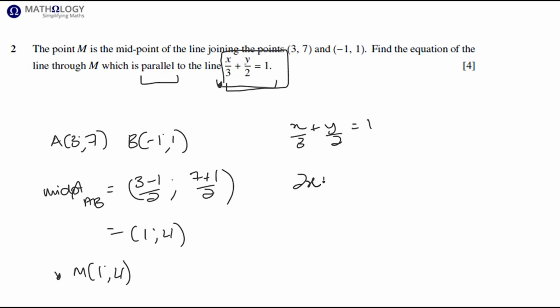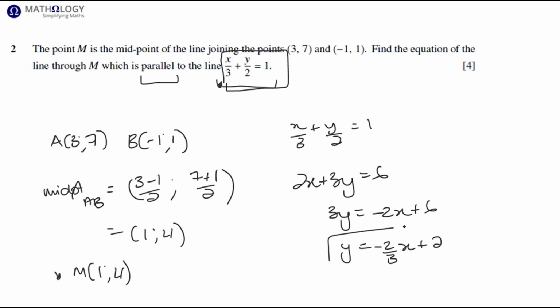So we'll have 2x + 3y = 6. 3y = -2x + 6. In standard form, y = -2/3 x + 2. So the gradient of this line is -2/3. Therefore the gradient of the line we're looking for that passes through M and is parallel to this second line is also going to be -2/3.